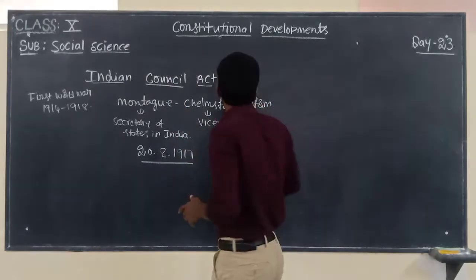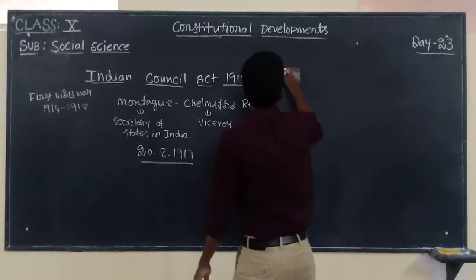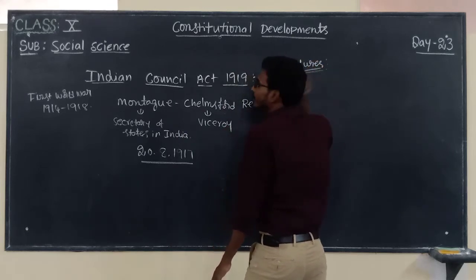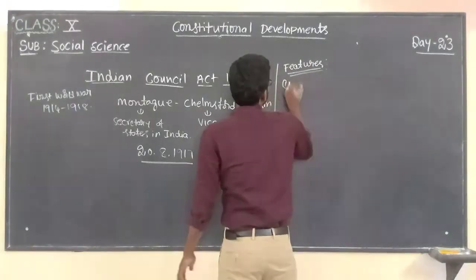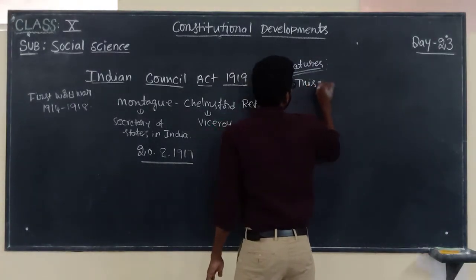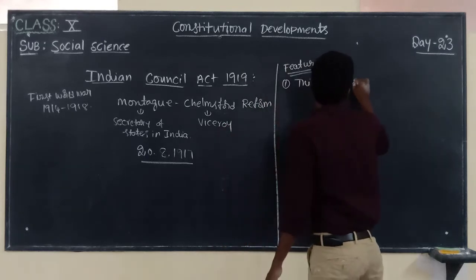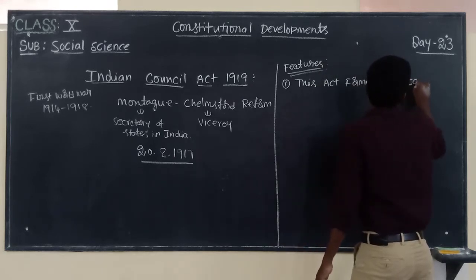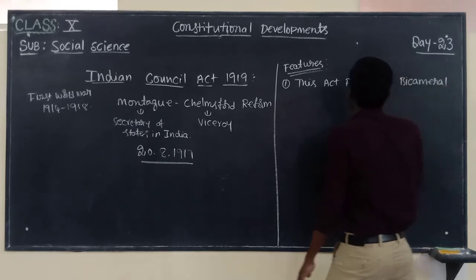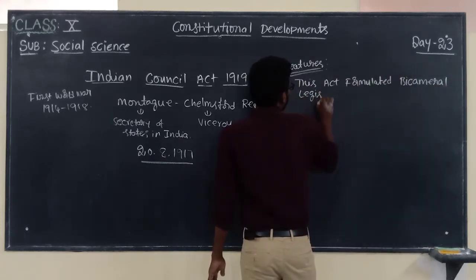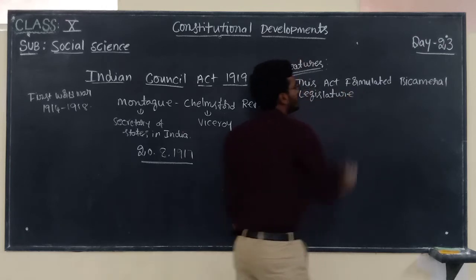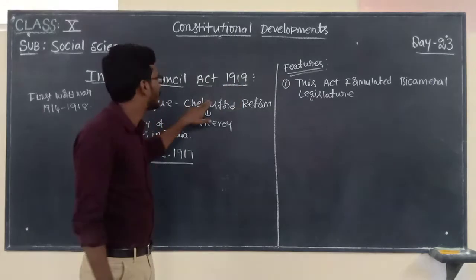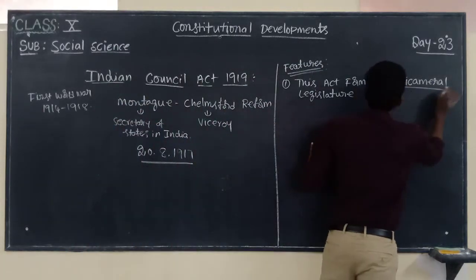Now, what are the important features of this act? This act formulated a bicameral legislature. Very, very important point. So the Indian Council Act 1919 or Montague-Chelmsford reforms formulated a bicameral legislature.